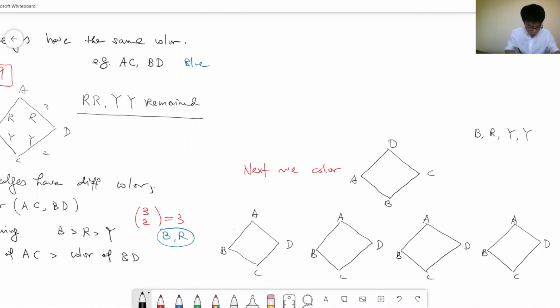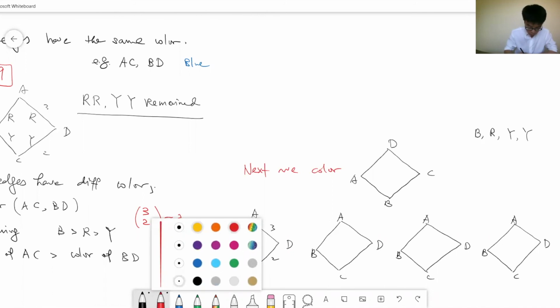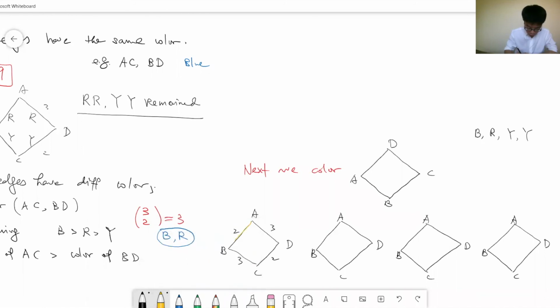So AB is 2, 3, 3, 2. So let's see this. There are two ways to put this yellow color. For example, I can color AB and AD to be yellow, or I can color AD and DC to be yellow.